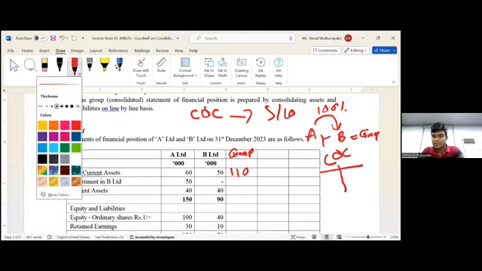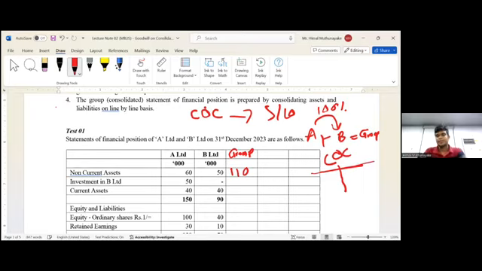And we have the investment account, the share capital account, and the retained earnings account. In the A Limited investment account, we have 50.